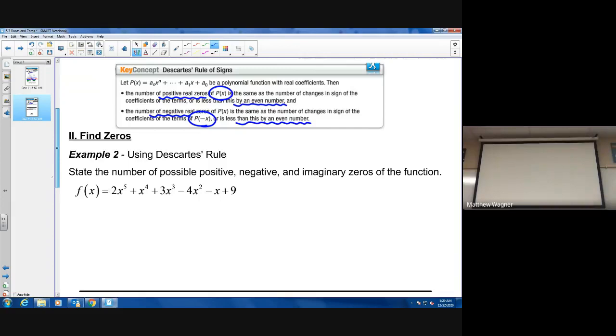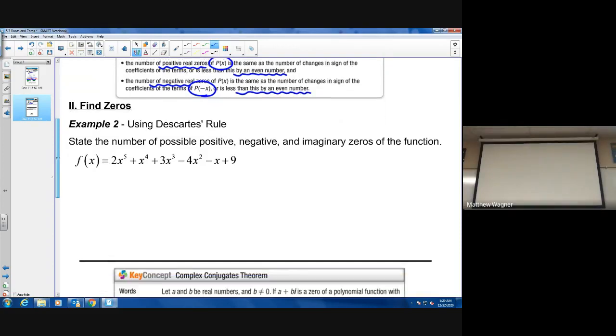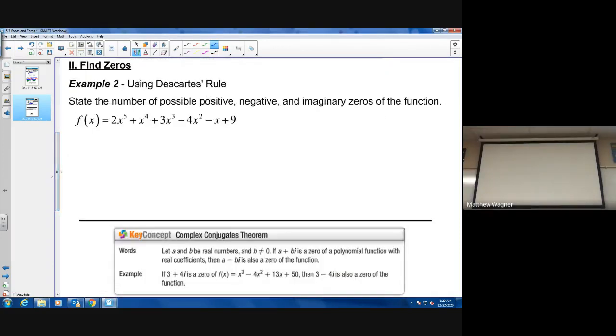Okay. So this looks really confusing right now, and there's a lot of words there. It really isn't that challenging, and I'm actually going to move the definition and explanation out of the way, and we're just going to go through it together. So first things first, you want to take your function as is and determine the number of possible positive real zeros. Okay, and I'm going to do it in blue so you can see.